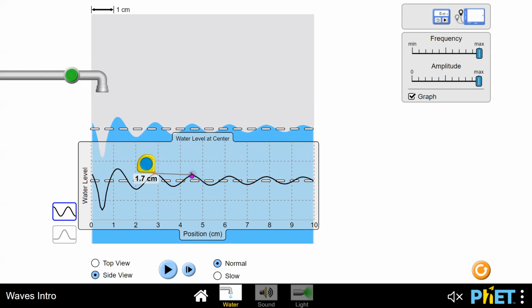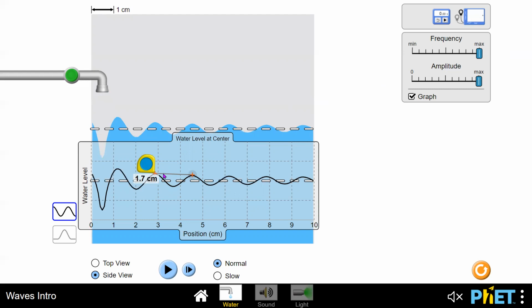Look at here, what happened with maximum frequency and minimum frequency. When frequency is minimum, wavelength is maximum, right? That was 7 centimeters. When frequency is set to the maximum, all the way right here, then the wavelength of the wave decreased. That is 1.7 centimeters.